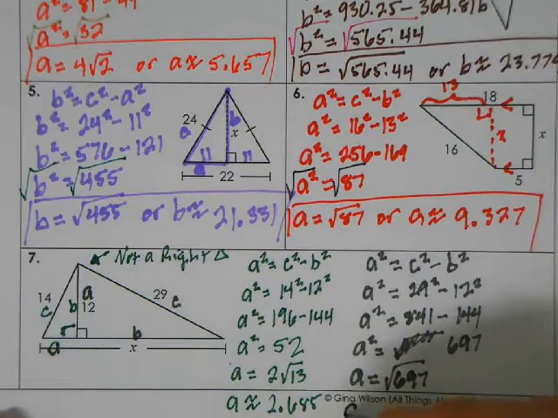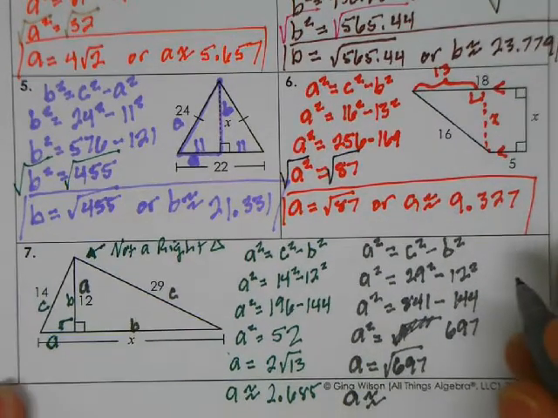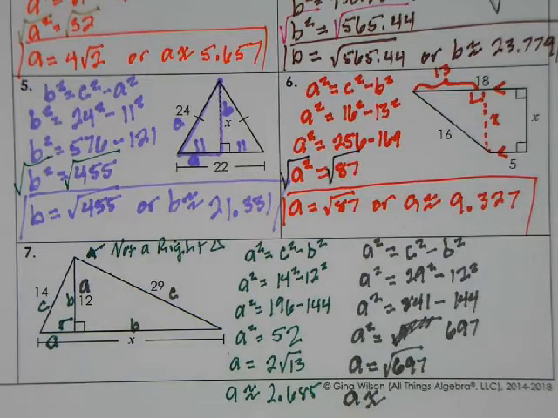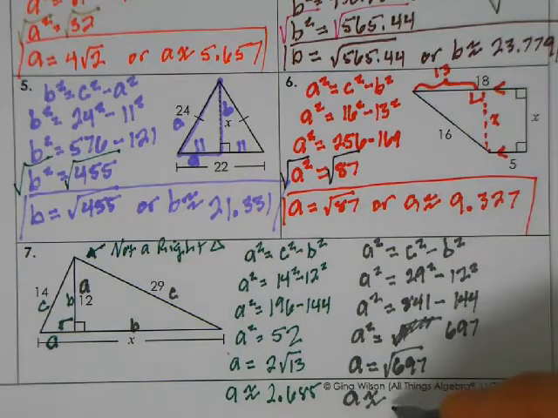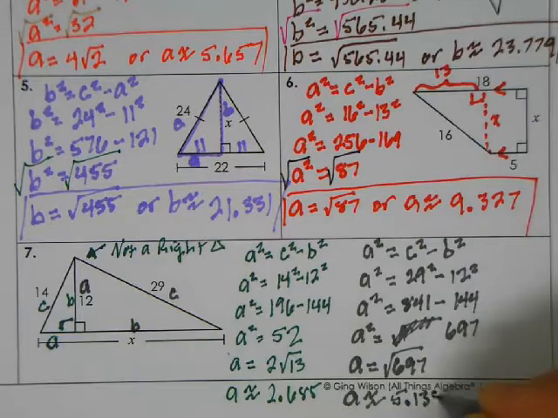So this other side would be approximately equal to, what would that be as a decimal number? 5.138, and that doesn't sound right.